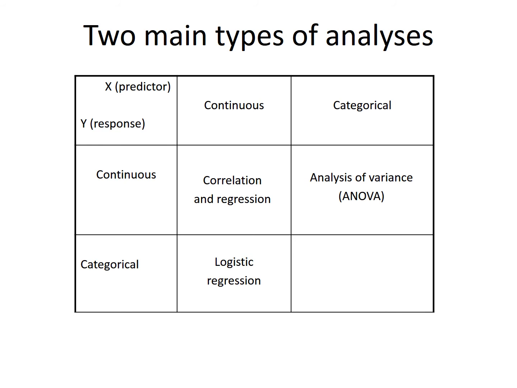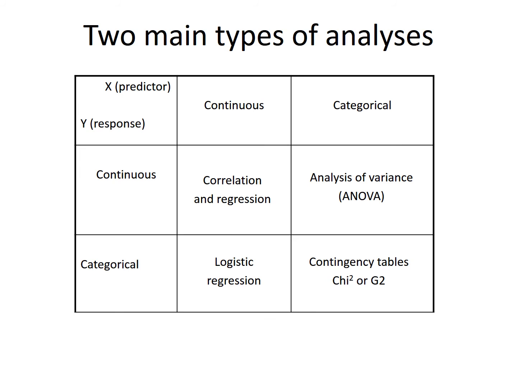There are other methods if we have a categorical response variable. So if our y variable, our response variable, for example, is the presence or absence of a certain plant species, then there are two categories. It's present or it's absent. And if we have a continuous predictor and a categorical response, in other words, how does the presence of xerophyta depend on vegetation height, that would require logistic regression.